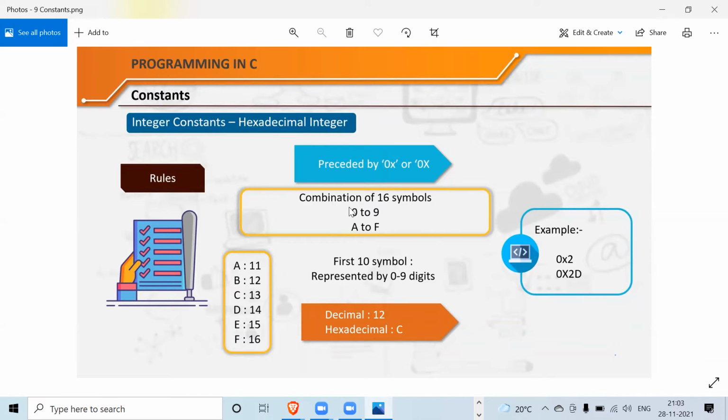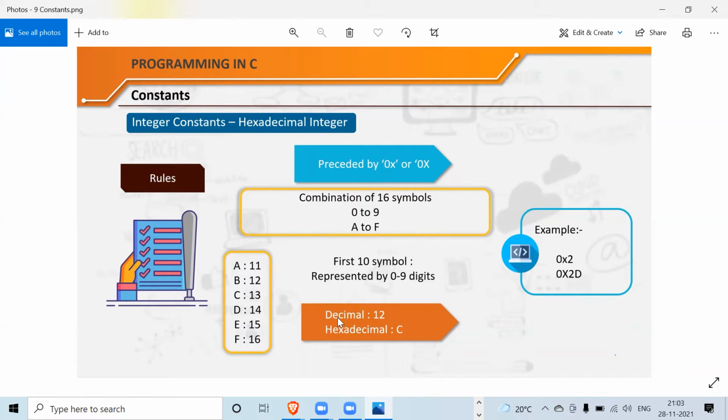The first 10 are from the decimal system, 0 to 9. The next 6 characters are A to F. A is the 11th symbol, B is the 12th, C is the 13th, D is the 14th, E is the 15th, F is the 16th.